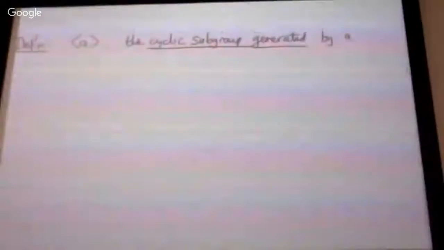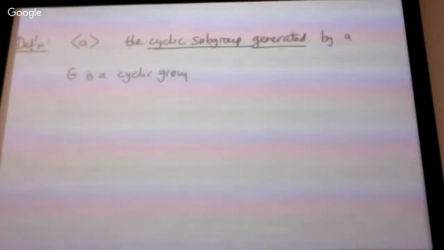This is called the cyclic subgroup generated by A. And G is a cyclic group if G has an element that generates the whole group.